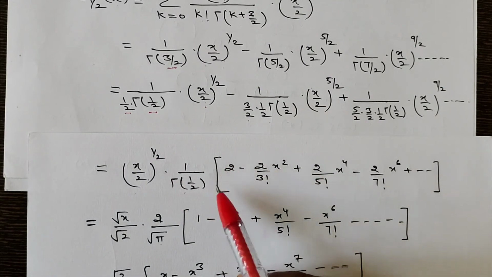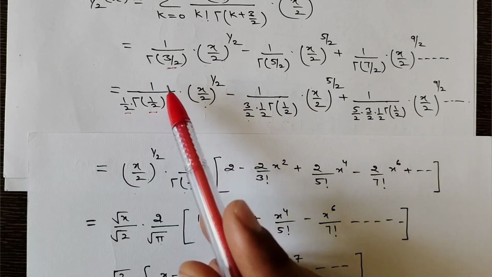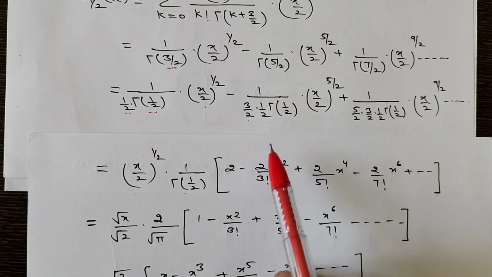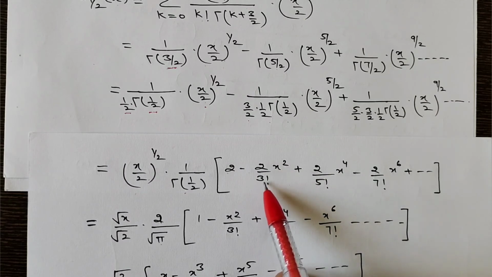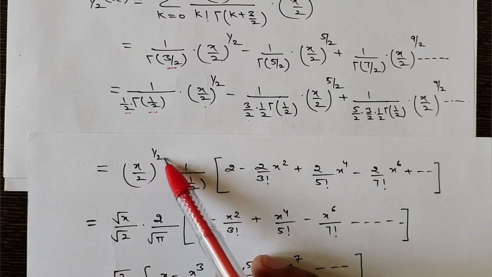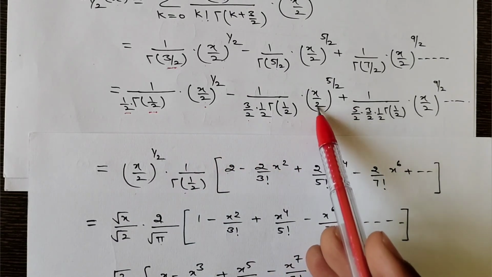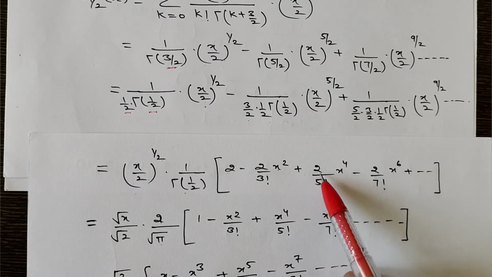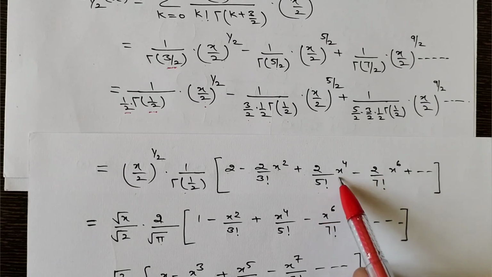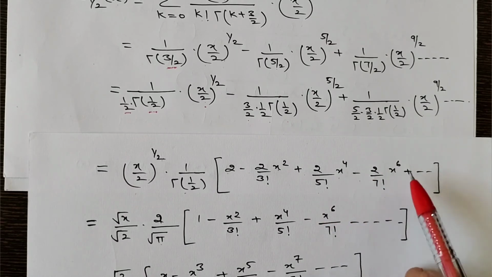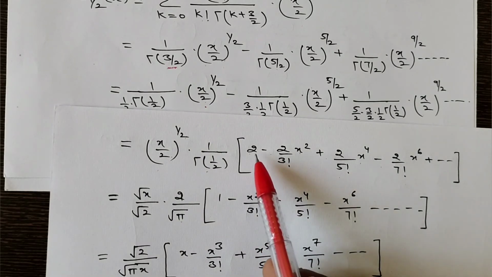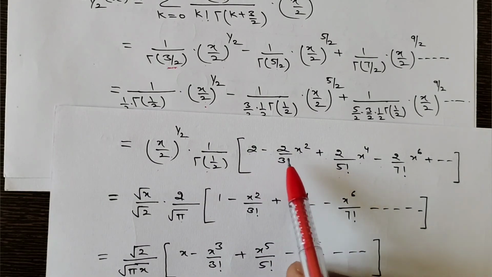The remaining terms are, this 2 will be in the numerator, so it is 2, minus, for the second term, 2 over 3 factorial, taking (x/2)^(1/2) common, there will be x squared. For the next term it will be 2 over 5 factorial x^4, minus 2 over 7 factorial x^6, plus and so on. Clear? So again we can take the 2 common from this entire term.